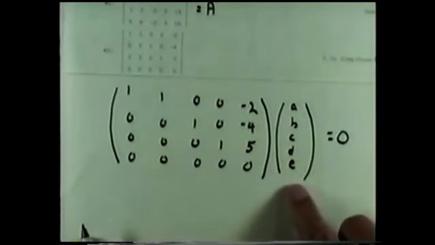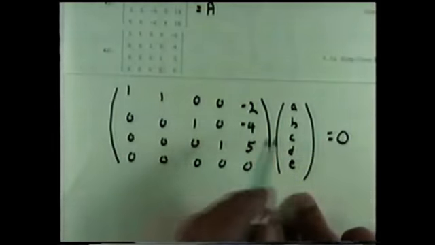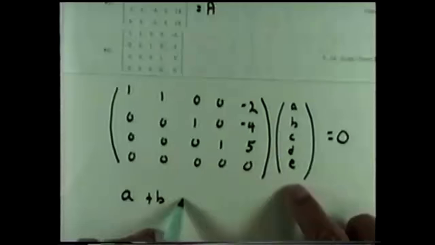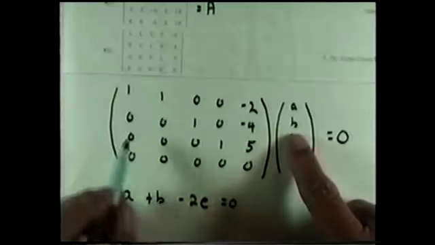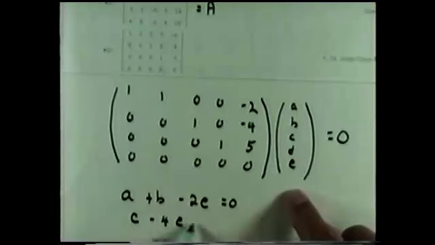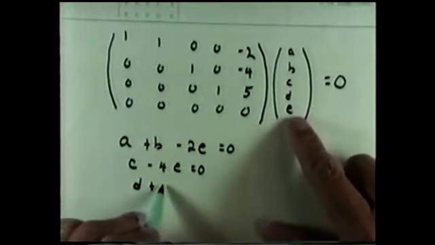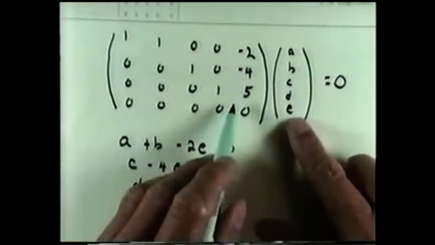So I want the set of all vectors a, b, c, d, e such that A times v is equal to 0. So I have a plus b minus 2e is equal to 0. I have c minus 4e is equal to 0. I have d plus 5e is equal to 0.